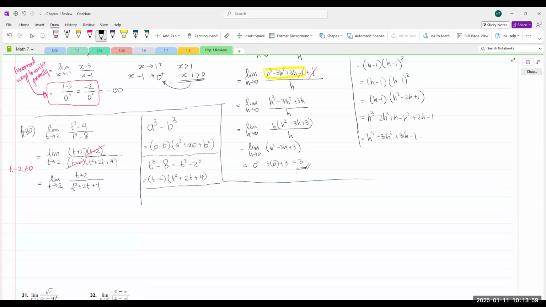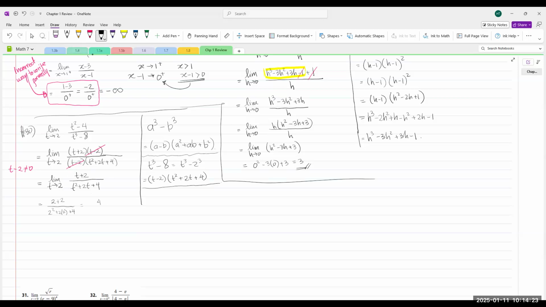Now, at this point, t equals 2 is okay if we plug it into this function. We don't get 0 over 0. Therefore, let's just do that. That's 2 plus 2 over 2 squared plus 2 times 2 plus 4.